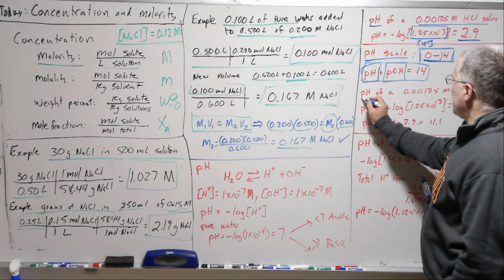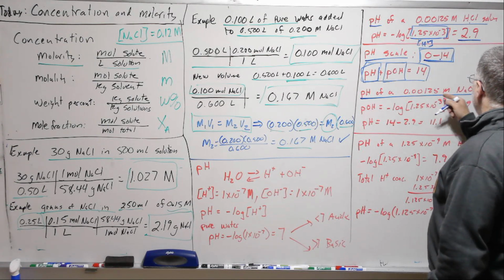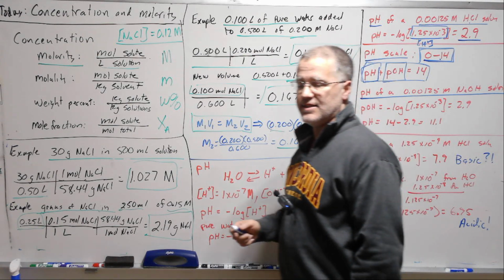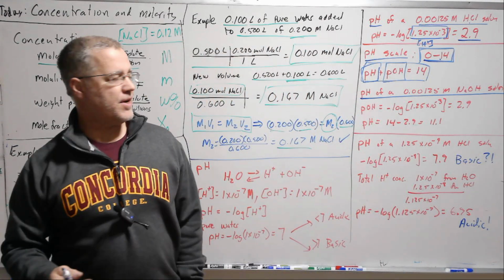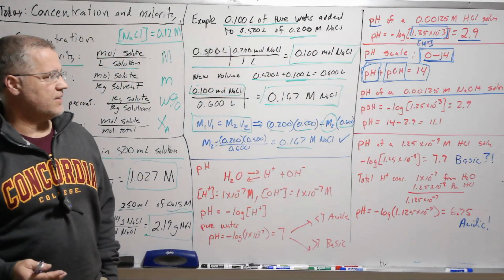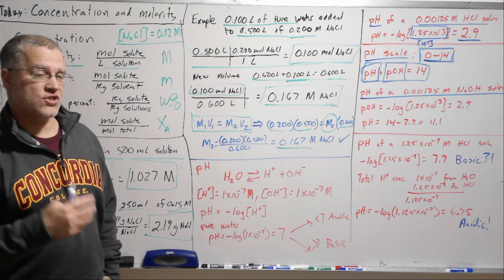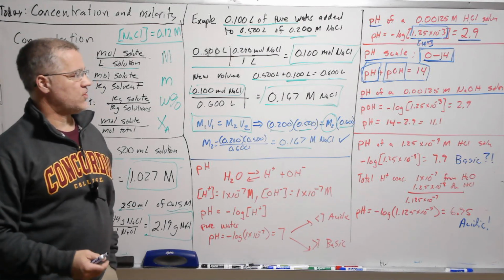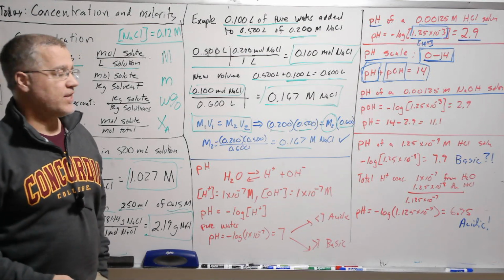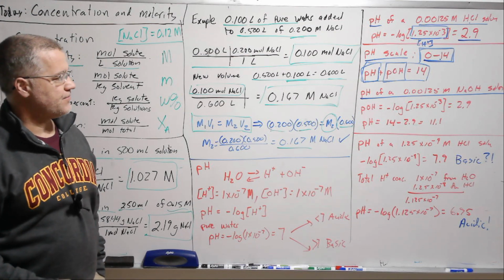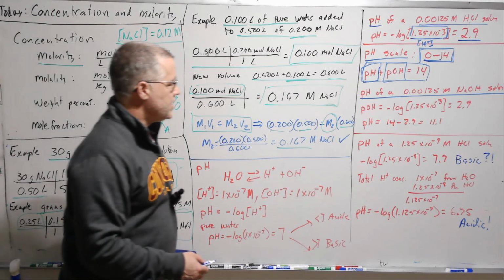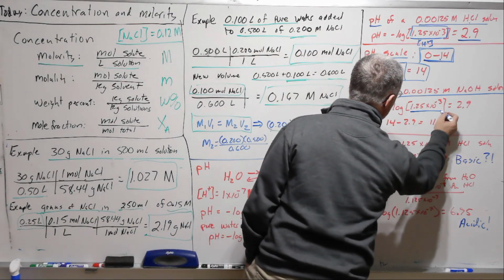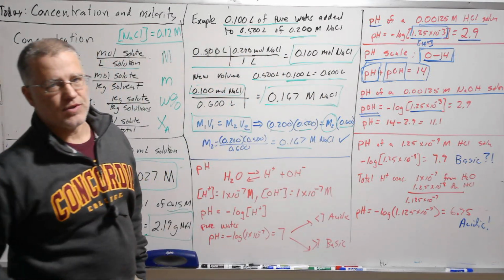Okay, so let's figure out the pH of a same concentration, but a sodium hydroxide solution. So here, sodium hydroxide is a strong electrolyte. It's a strong base, so it will break up and increase the amount of OH concentration. So we expect we better get a basic solution. Well, how we do this is we first calculate the pOH, which is done the same way as we did the pH up there.